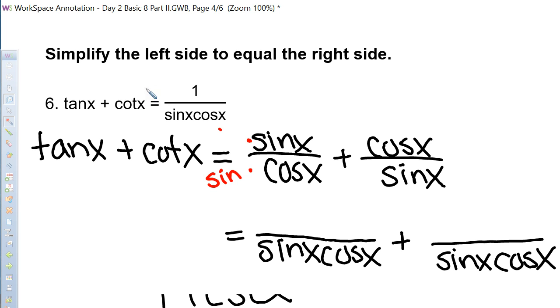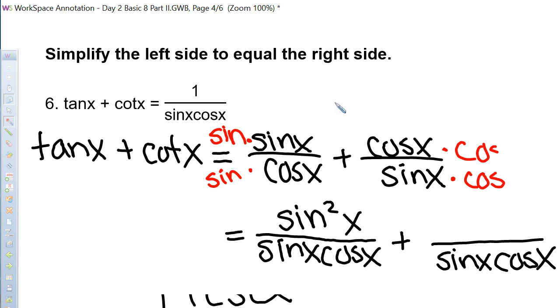If I multiply the numerator by sine, sine times sine would give me sine squared of x. This one has sine, what is it missing? Cosine. So what's cosine times cosine? Cosine squared of x.